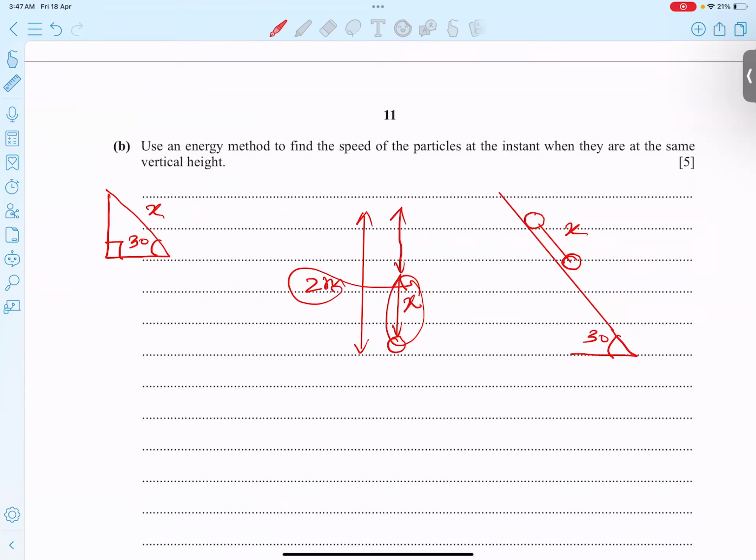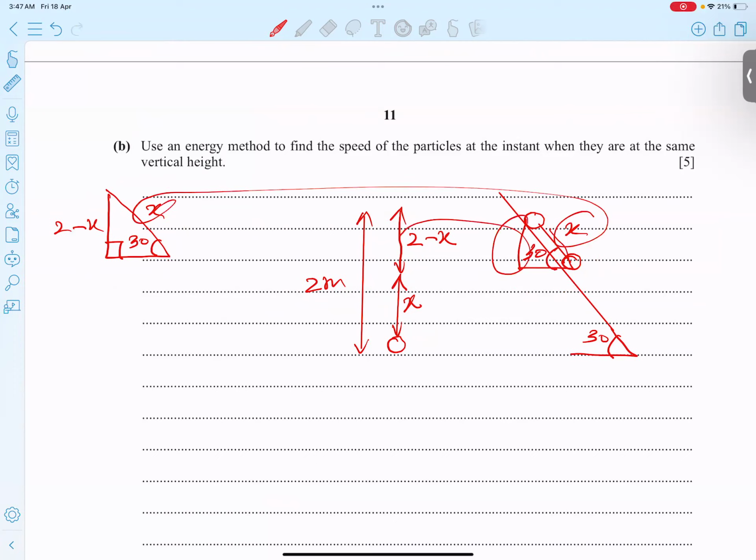Out of the 2 meters, with x gone, this becomes 2 minus x. I repeat, this height is 2 minus x. I think you understood why I made this triangle.